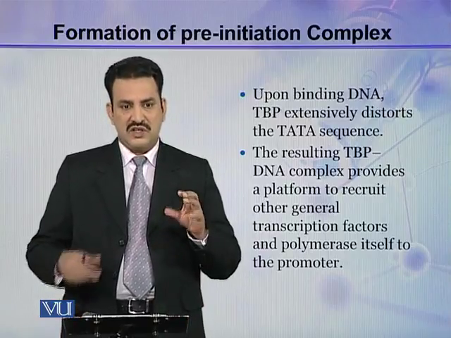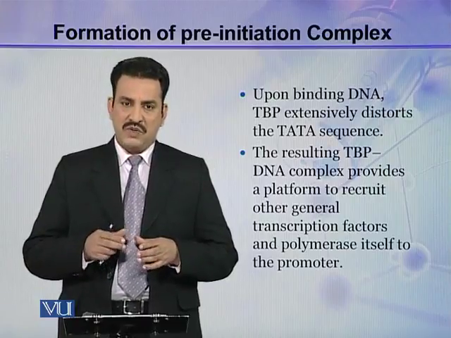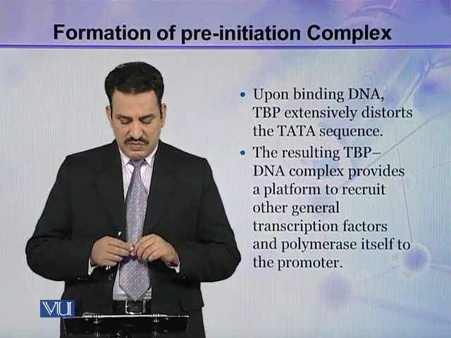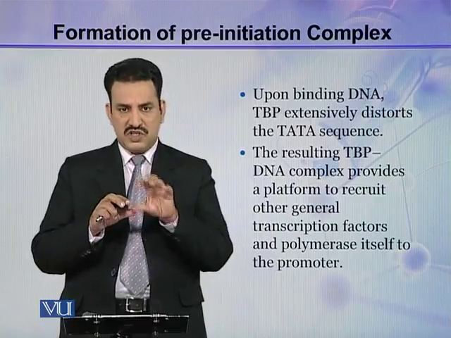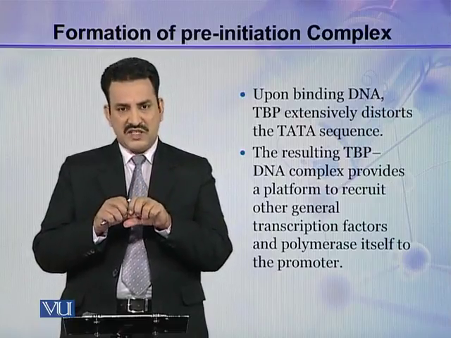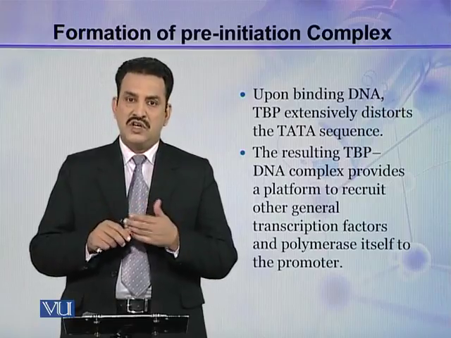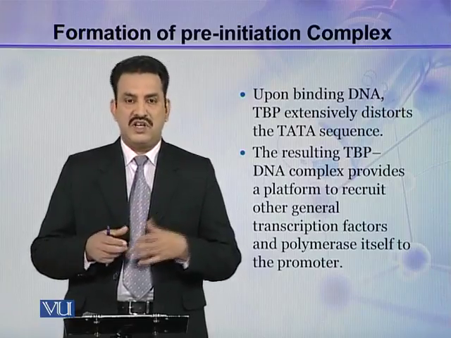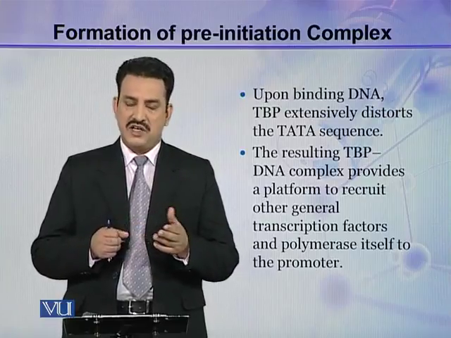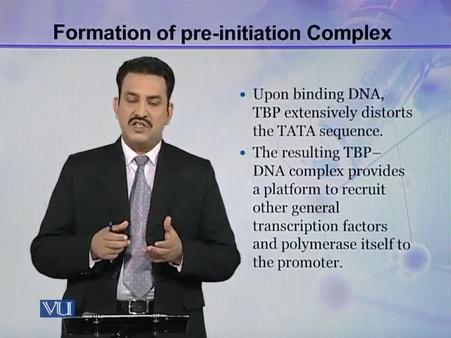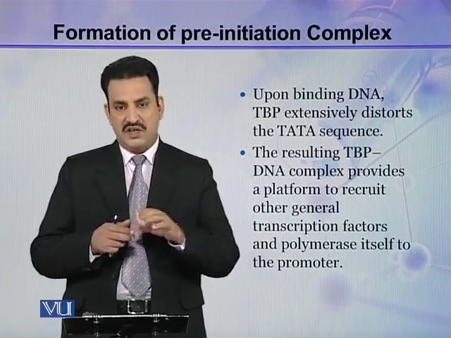So the first factor which binds to DNA is TBP, and after binding to the DNA it forms the TBP-DNA complex, and it creates room for the other factors to come and combine, and it also causes polymerase II to combine here.